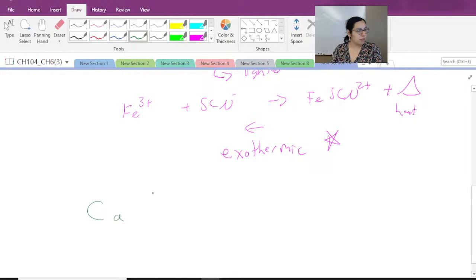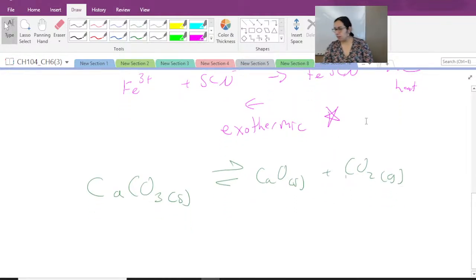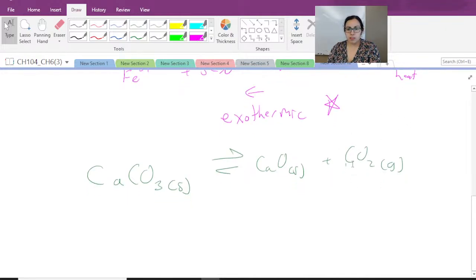If you have this reaction, calcium carbonate, and notice the S for solid, equilibrium arrows, calcium oxide, solid, plus CO2. The only thing that you can influence to change this decomposition is to remove your CO2. If you remove your CO2, that'll keep driving the reaction forward.